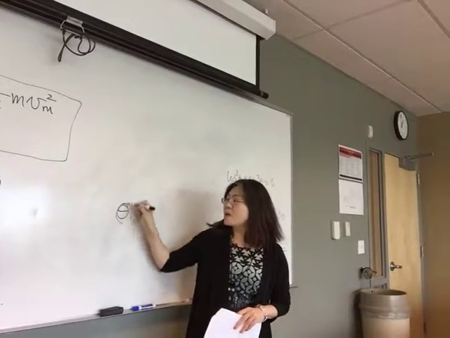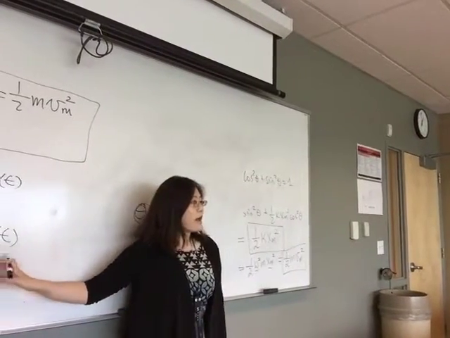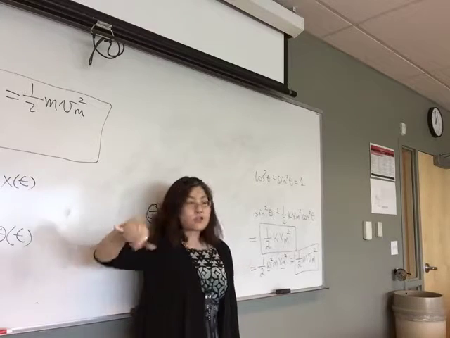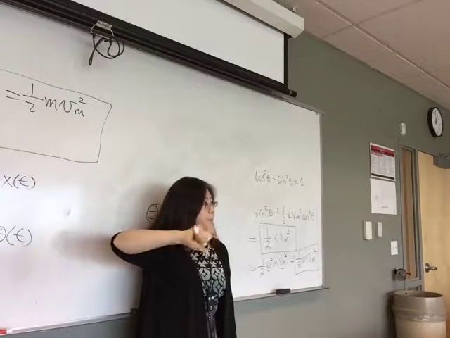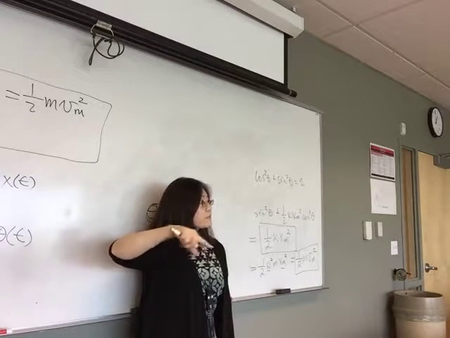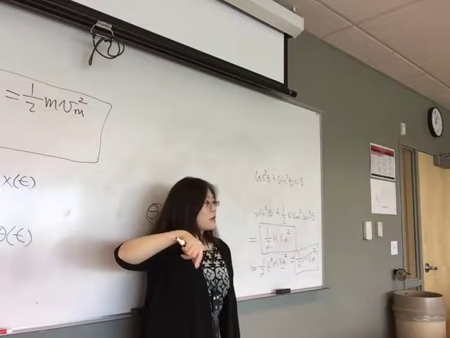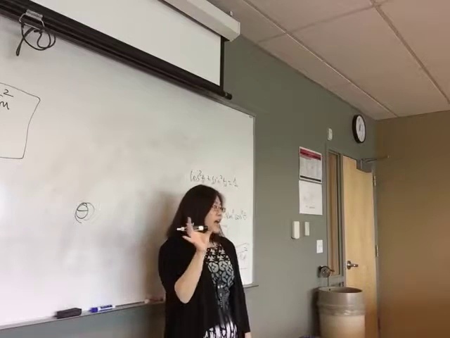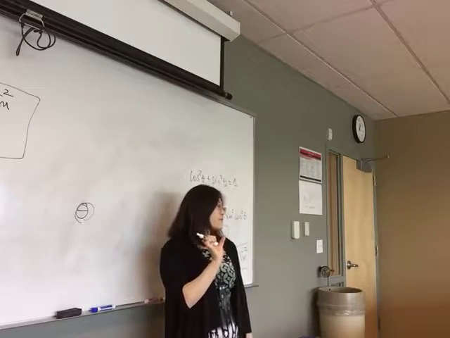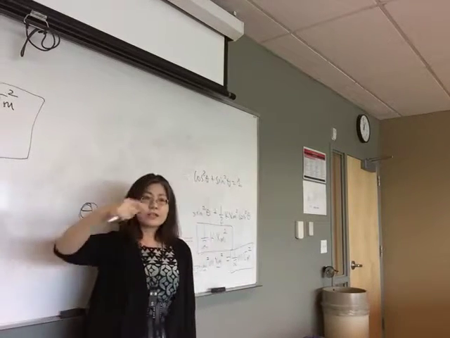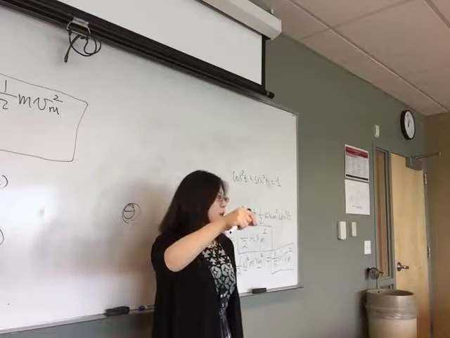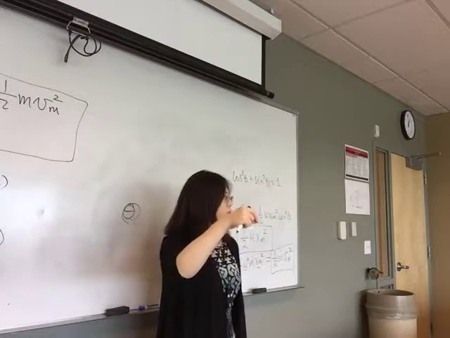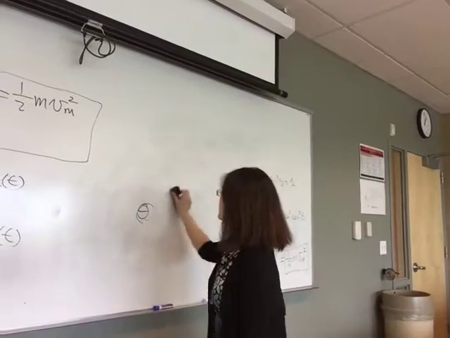This is the angle, but this angle is a function of time. It is not the same as the omega t plus phi. That omega t plus phi is what we call the phase. This is like the position, but now it's angular position.